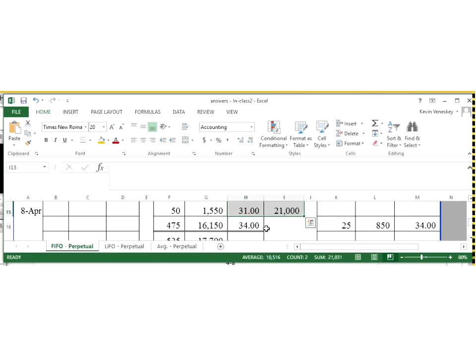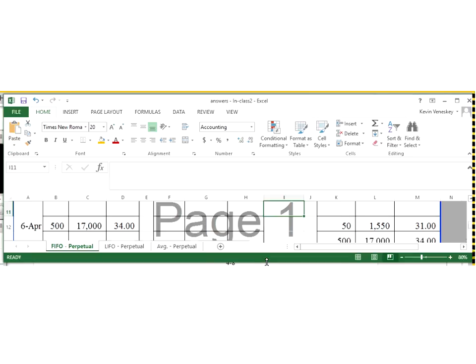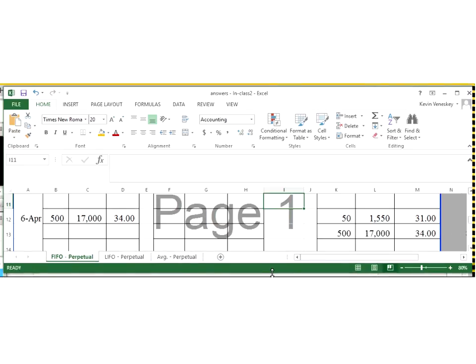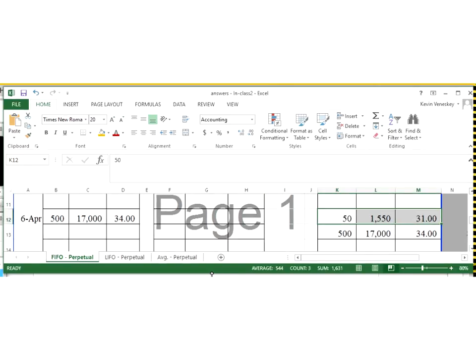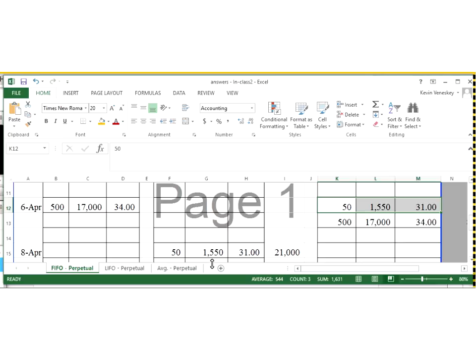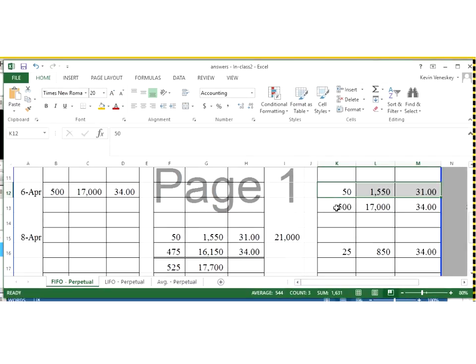So at this point, I have my 50 items and my 500 items. If I'm selling 525, first in, first out, that means these guys are going to be sold. So I need to show that. And then if I sold 525, I still have 475 left that need to come out of this group.